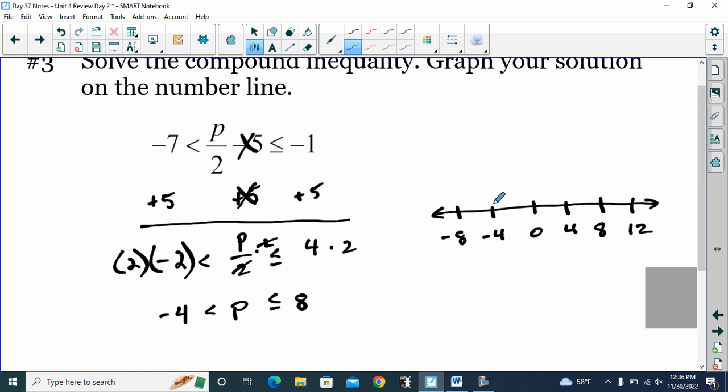So I want to shade in the values in between negative 4 and 8. Open circle on the negative 4, closed circle on the 8. P needs to be between negative 4 and 8. Bigger than negative 4, smaller than 8.